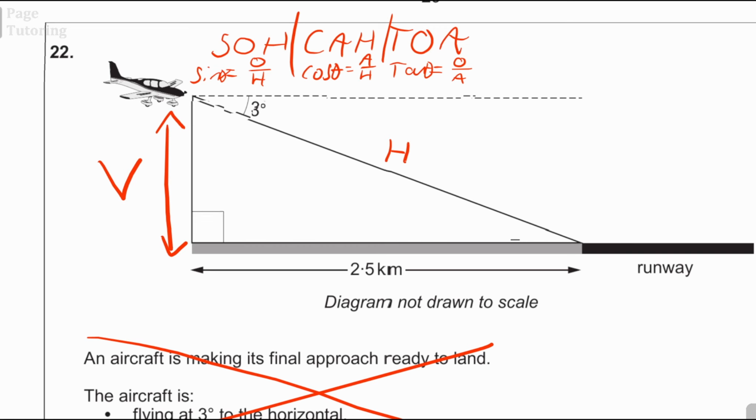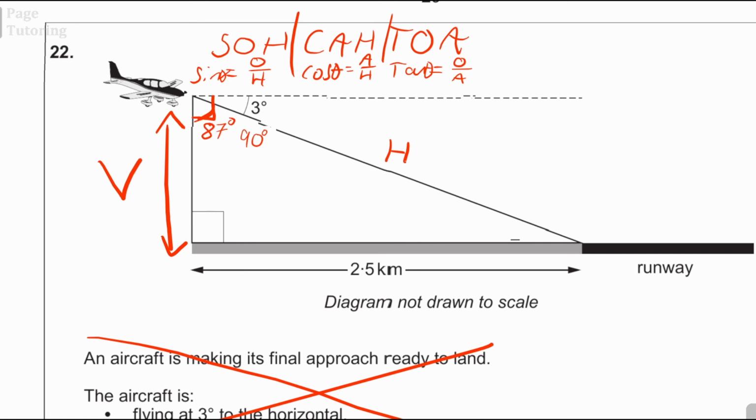So that tells us that this angle in total, from this vertical edge up to that horizontal line, is 90 degrees. Which means if this angle here at the top, from the hypotenuse to the parallel to the horizontal, is 3 degrees, that means inside here must be 87 degrees.